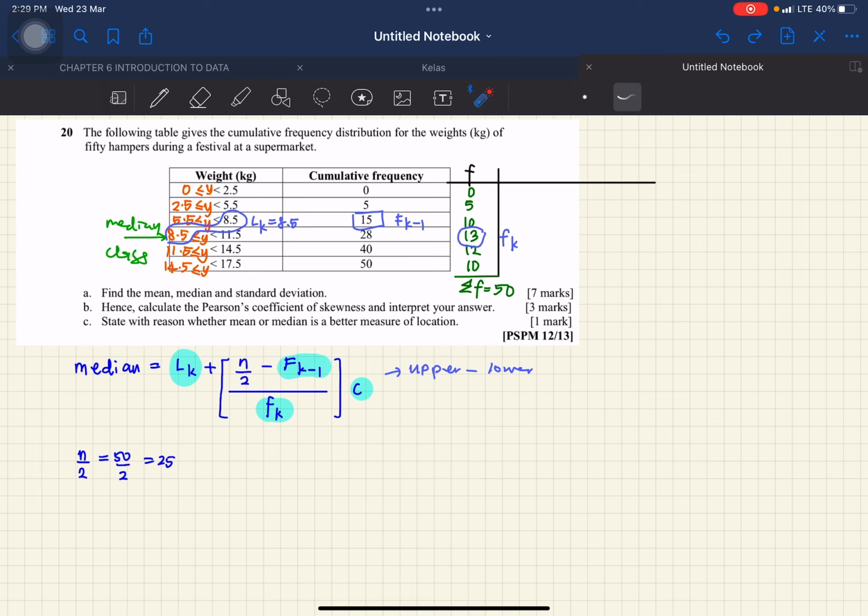Untuk setiap kolom ke kolom, dia punya class width sama. So apa yang saya suka buat is saya ambil value yang belah kanan ni dengan value belah kanan ni, saya tolak je. So beza antara dua ni adalah 3. Sama je macam kalau daripada sini sampai sini, beza dia adalah also 3. So yang ni pun sama juga, value dia adalah 3. So class width awak sama dengan 3.